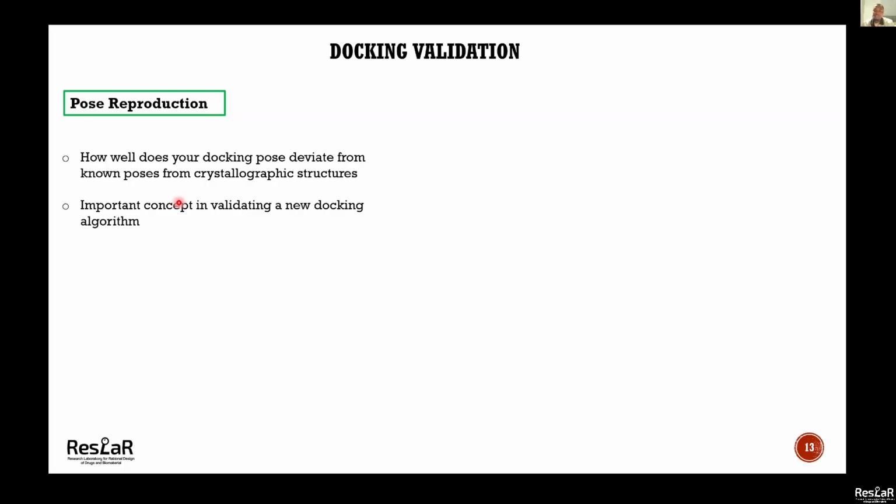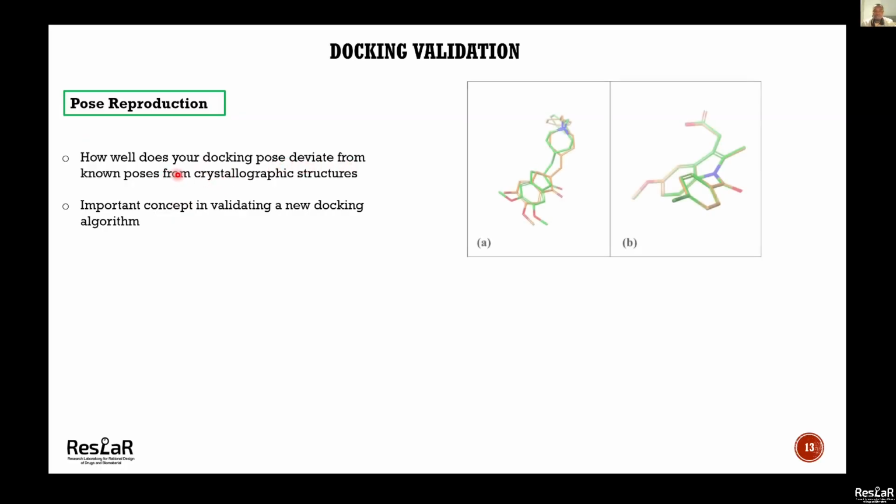That's very simple. If they are very comparable, it means that the docking algorithm is good enough to even reproduce the pose of the original molecule, so it can be reliable or it can be trusted, right? So how well does your docking pose deviate from known poses of crystallographic structures, right? So usually this is how it works.